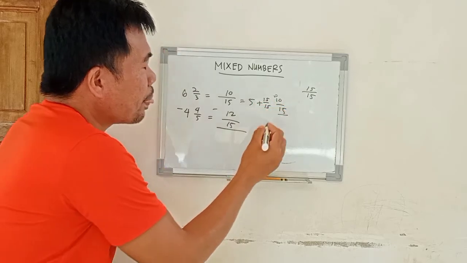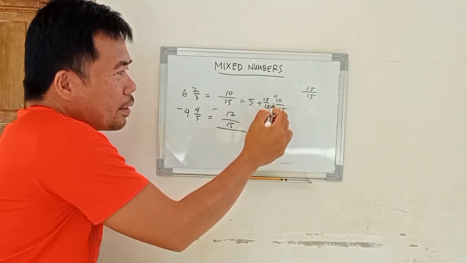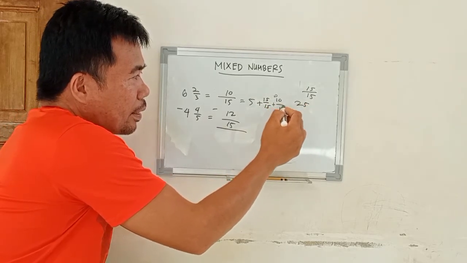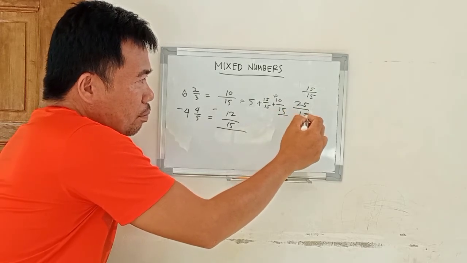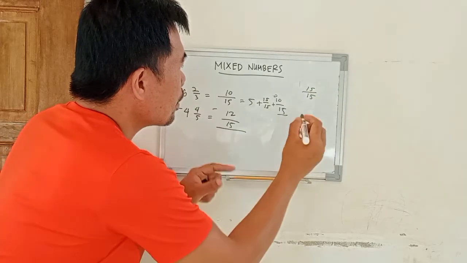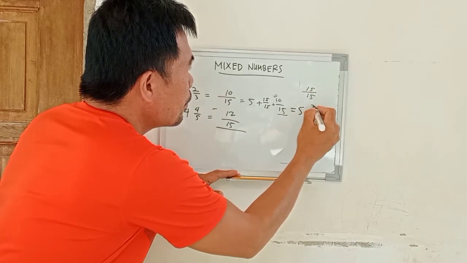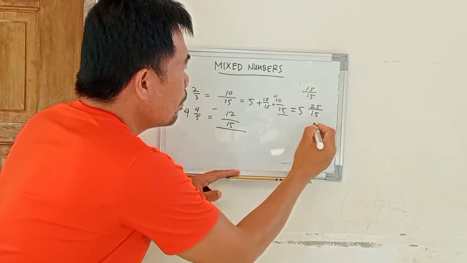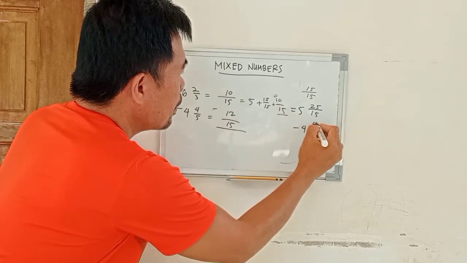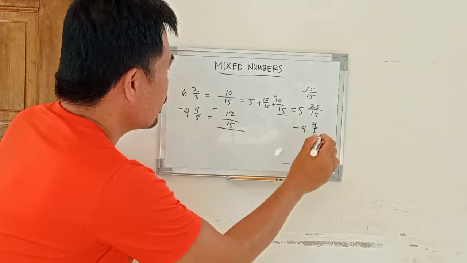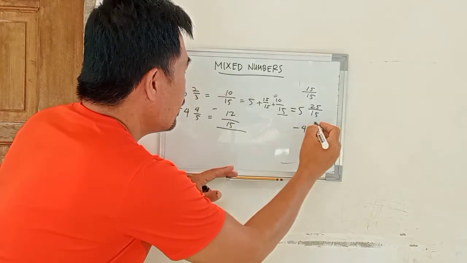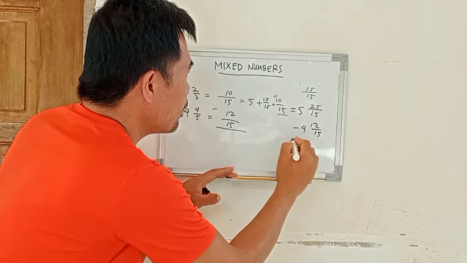So 15 plus 10 is 25, and copy the denominator. So our number here is 5 and 25 over 15, minus 4 and 12 over 15.